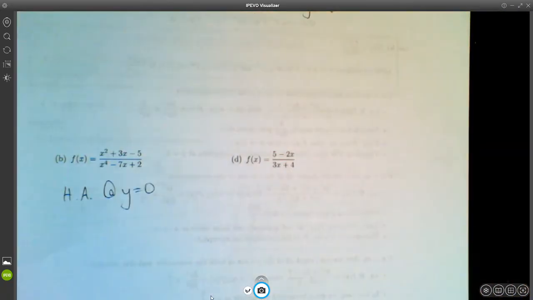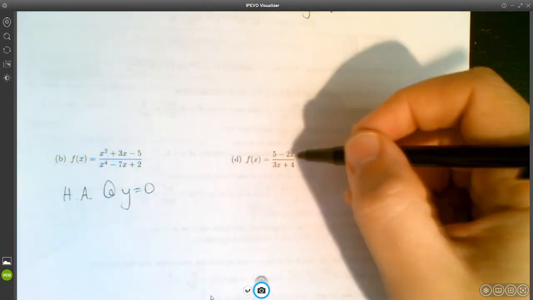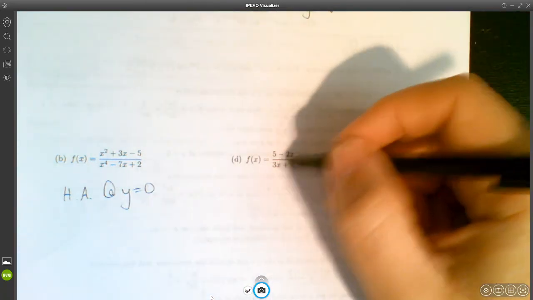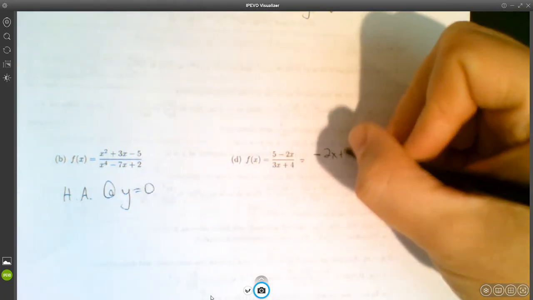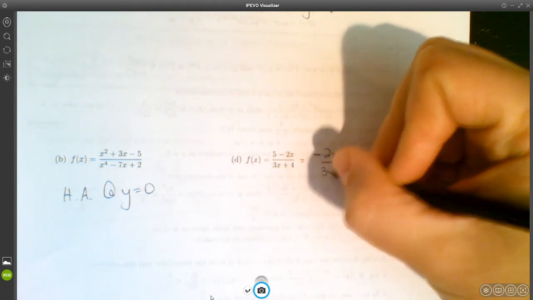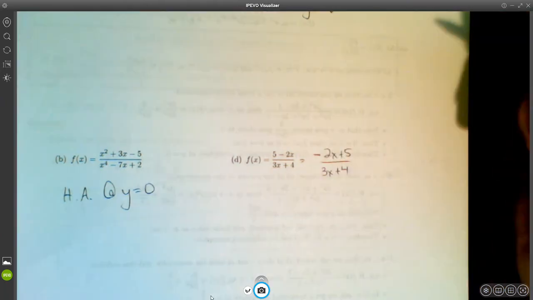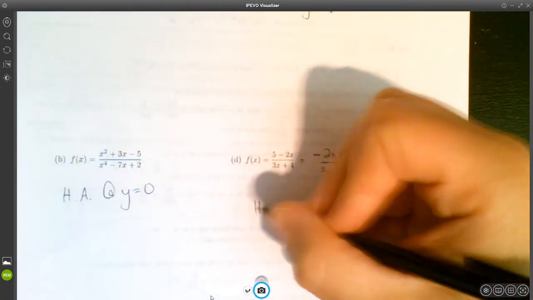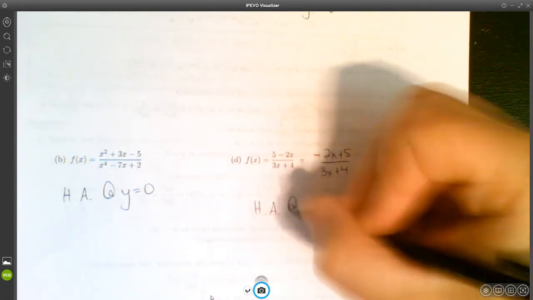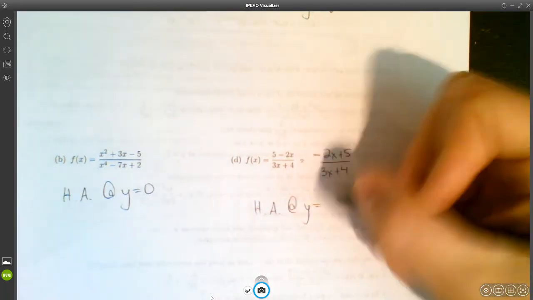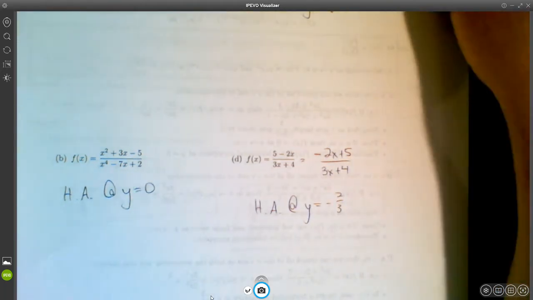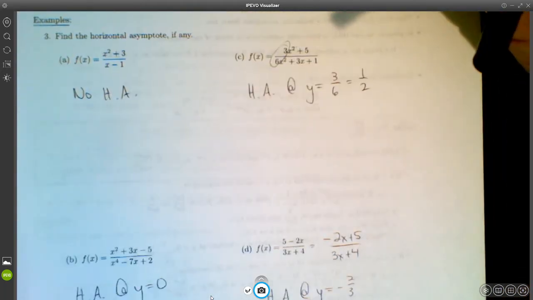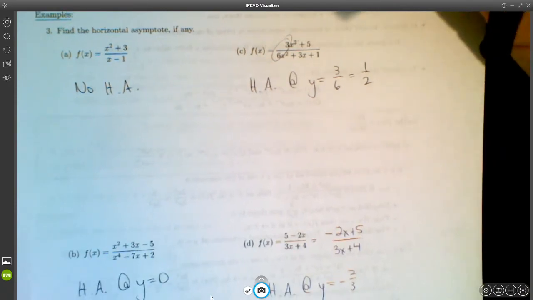Looking at part D, the degree of the numerator is the same as the degree of the denominator. Just be careful, the numerator is not written in descending form, but if you rewrote it in descending form, this is what you would have. You can see their degrees are the same, so there's a horizontal asymptote at the ratio of the leading coefficients, which in this case would be -2/3. Okay, so that's how horizontal asymptotes work.